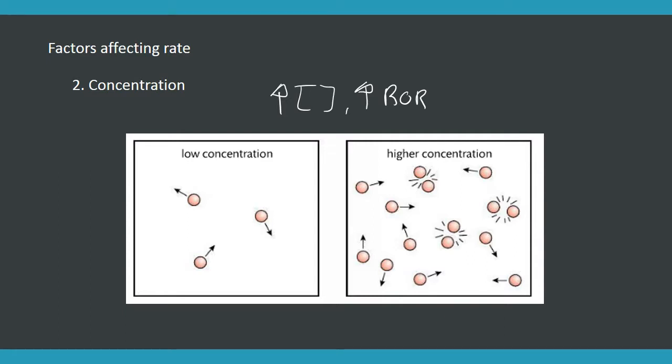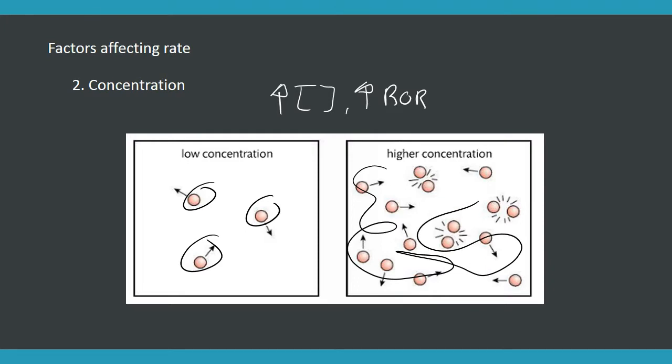Reason being, if you look at our diagram, so here we only have 3 little guys, right? And you're like, oh, so sad, there's only 3 at the party, right? Now we have a whole bunch, okay? And because there's more there, there's more potential for an interaction to happen. And since there's more potential, you're going to have an increased frequency of collisions, and therefore you're just increasing the chance of a reaction occurring.